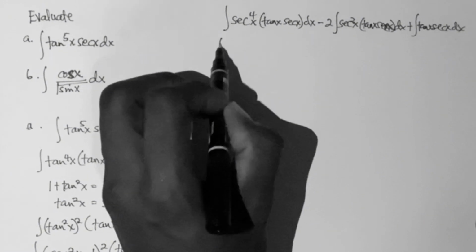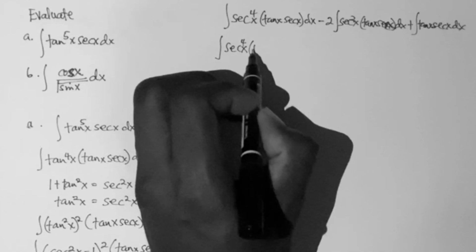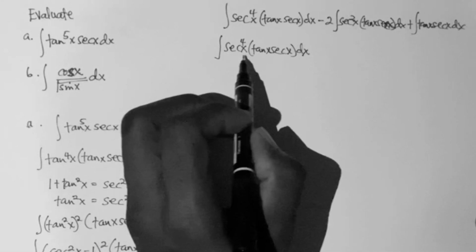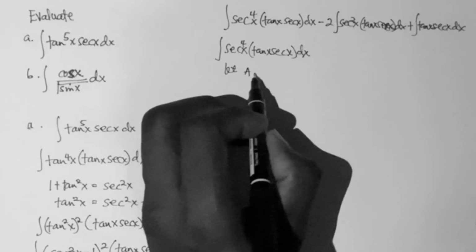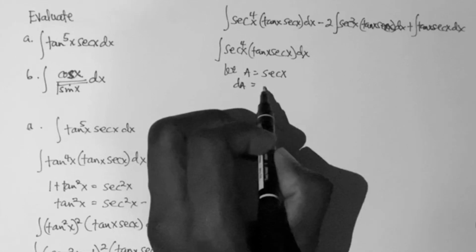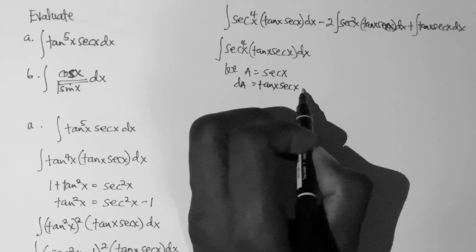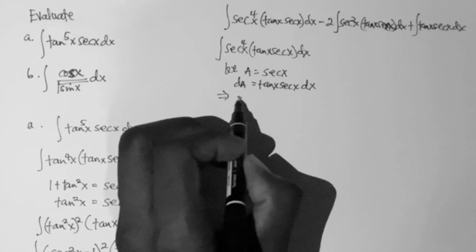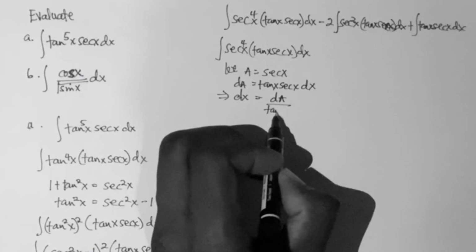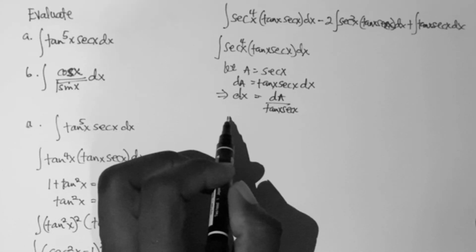So let's come to the first one, which is integral of sec x exponent 4 times tan x sec x dx. Now let's let a be equal to sec x. So da is equal to, if you differentiate sec x, you get tan x sec x dx. So this implies that dx is equal to da divided by tan x sec x. So we'll then take all of this and put it into this integral.